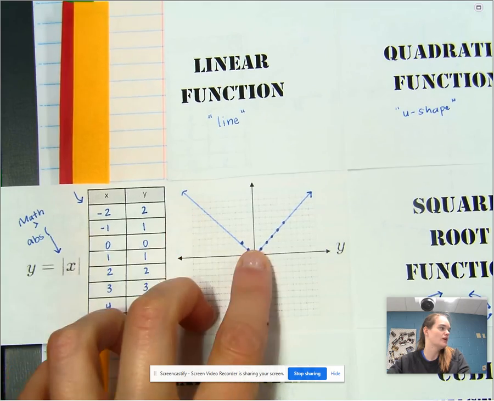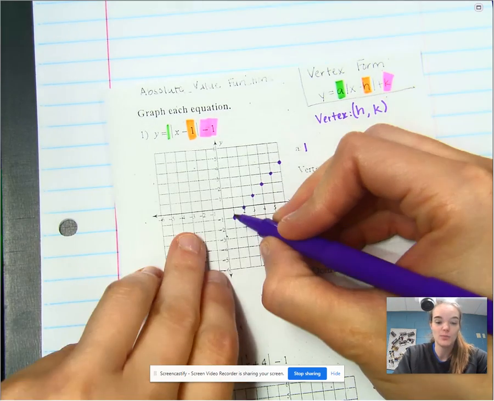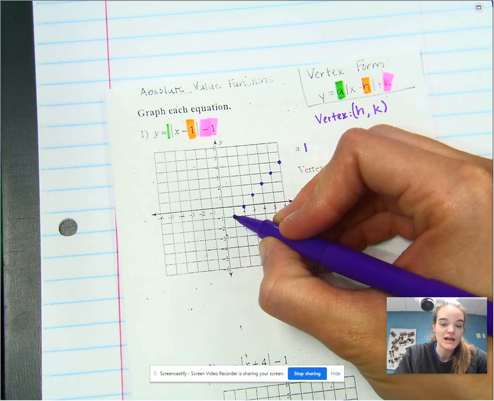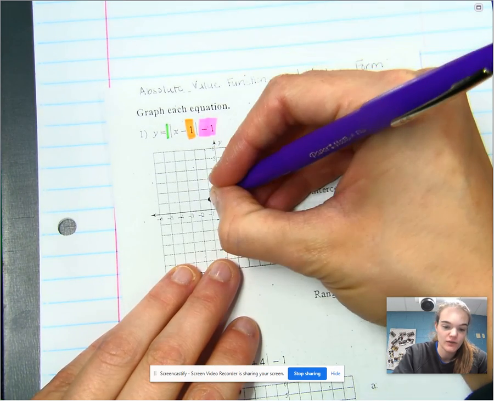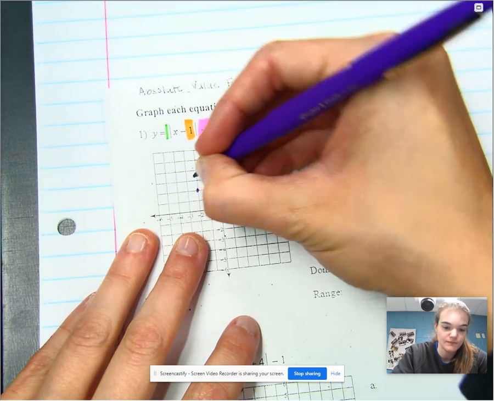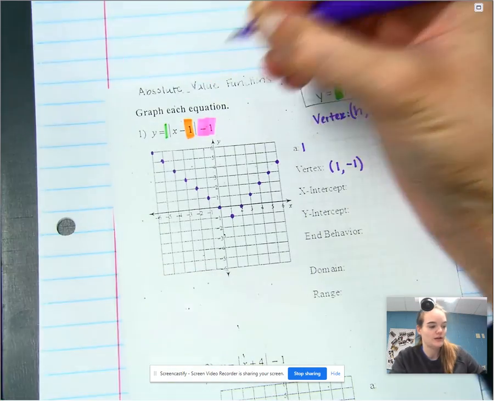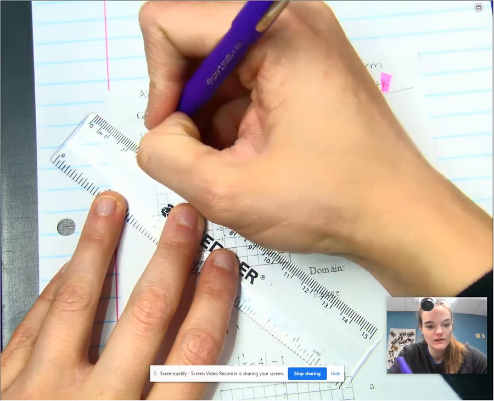Absolute value functions are a V. That means this should be a V. In order to get the V, once I've gone up 1 over 1, I'm going to go back to the vertex, and I am going to go up 1, left 1 to make the V. I will have both sides of the absolute value if I do that. Then using a straight edge, connect.